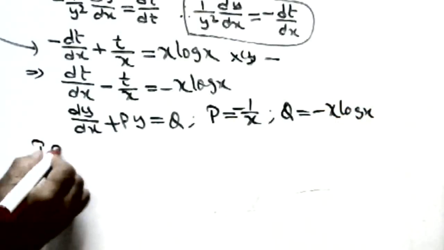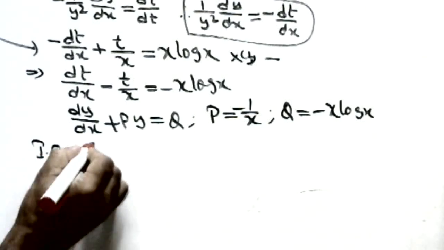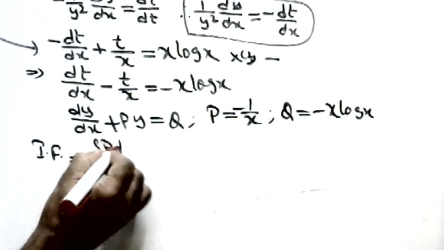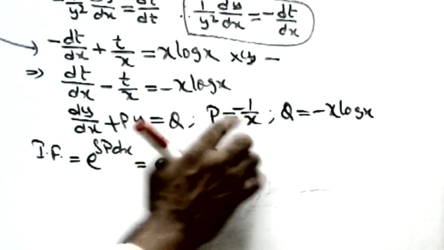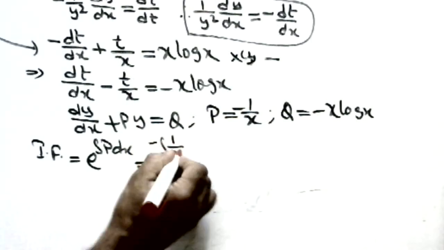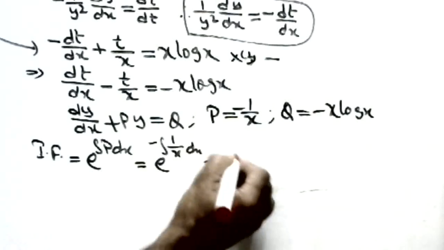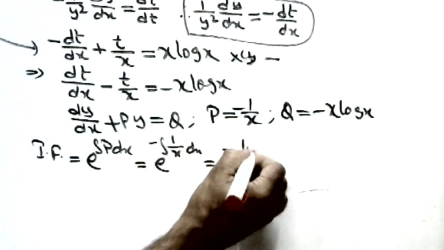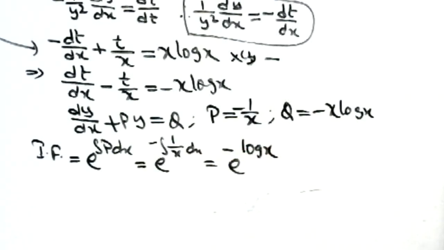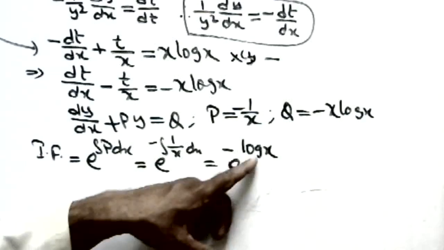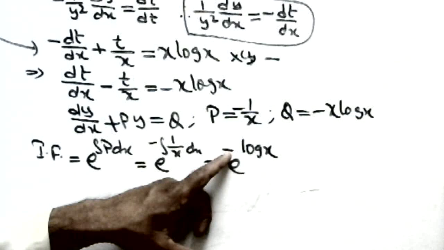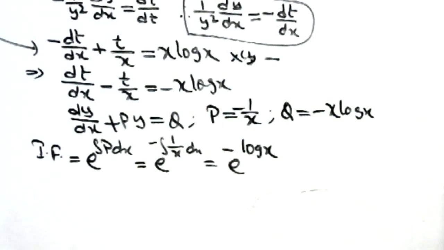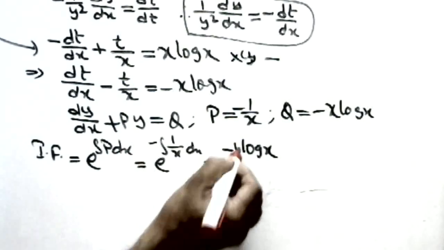Now we are having two steps. First we have to find the integral factor. Its formula is e to the power of integration p dx. E to the power of integration of minus 1 by x dx, which is e to the power of minus integration of 1 by x, that is log x. Now watch carefully. E and log will get cancelled, but first we have to take out minus.